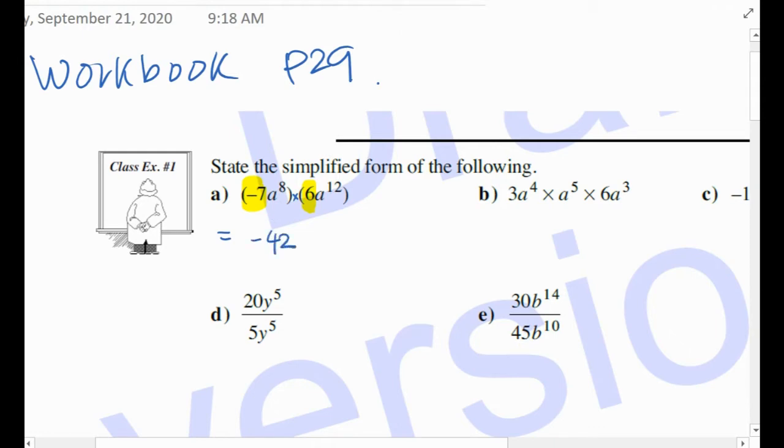And you're going to multiply powers. A to the power of 8, A to the power of 12. So here, this is A to the power of 8 plus 12. And that is -42, A to the power of 20.